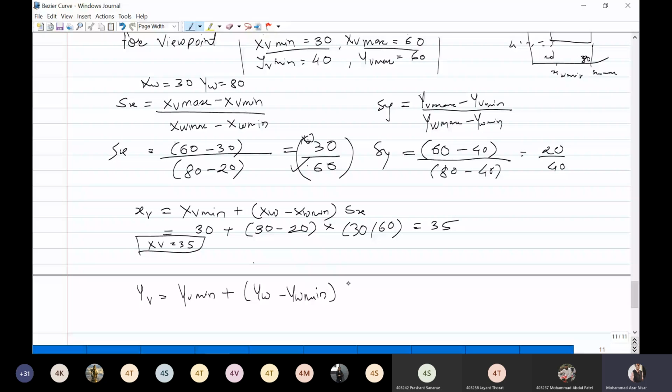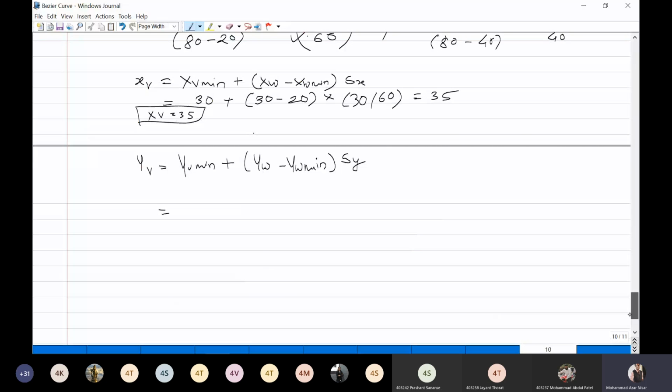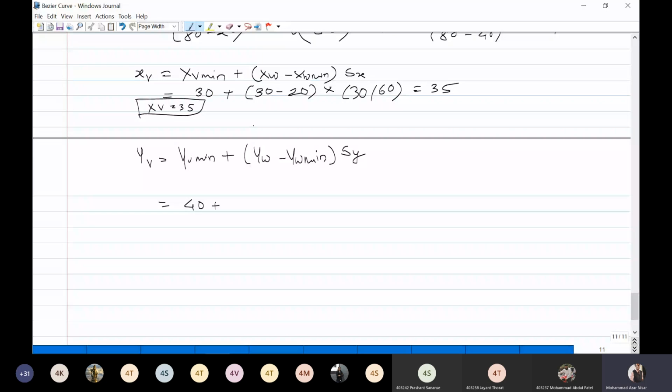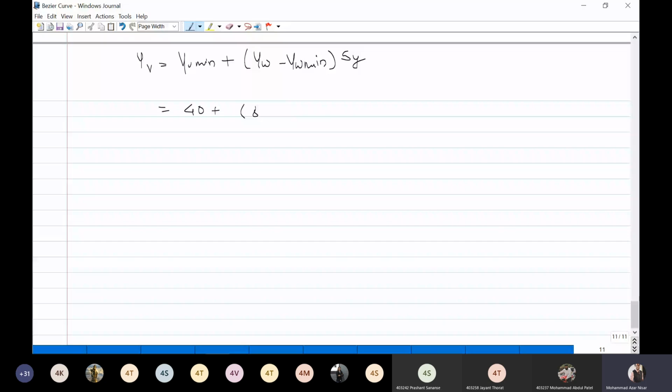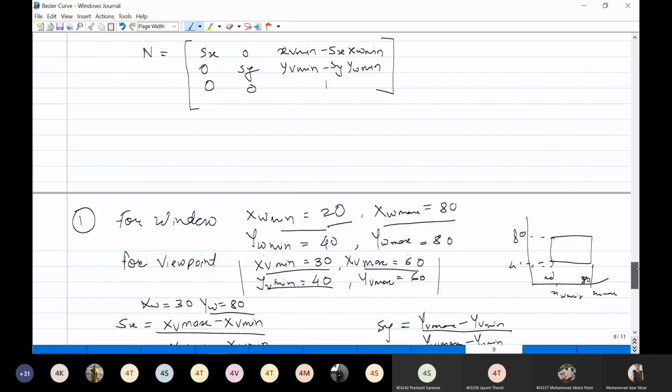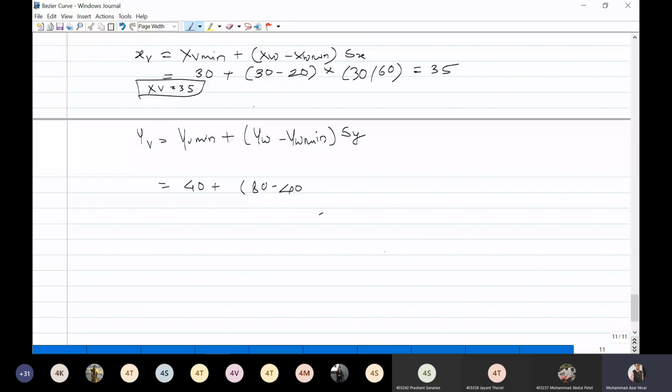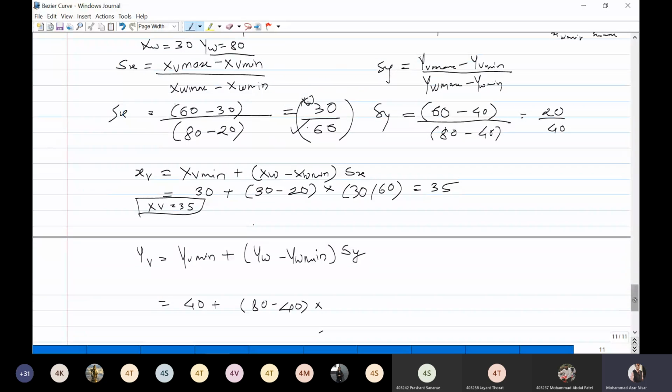So yv minimum is 40, plus yw given, yw is 80, minus yw minimum 40, into the Sy value 20 by 40.